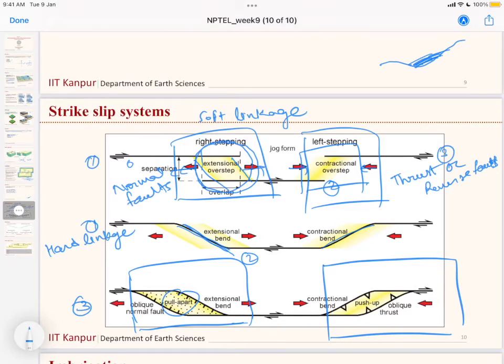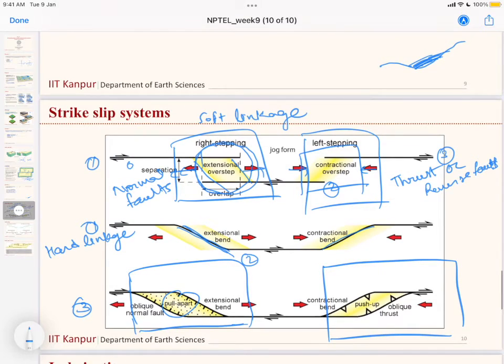The push up, because there is compression. So due to compression, a ridge kind of phenomenon will be created, or some upliftment you can see on the compressional side. And along with this upliftment or the ridge kind of features, you will also see thrust faults.